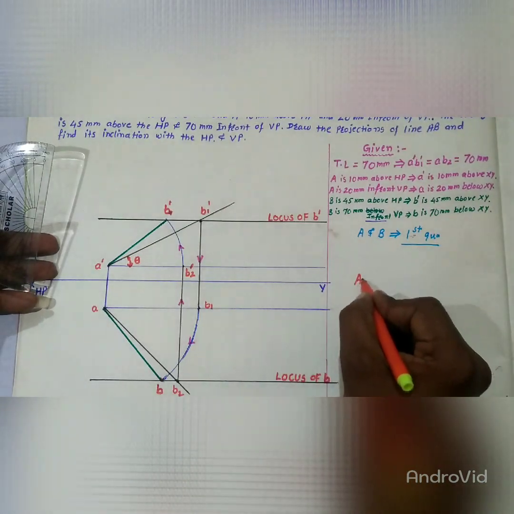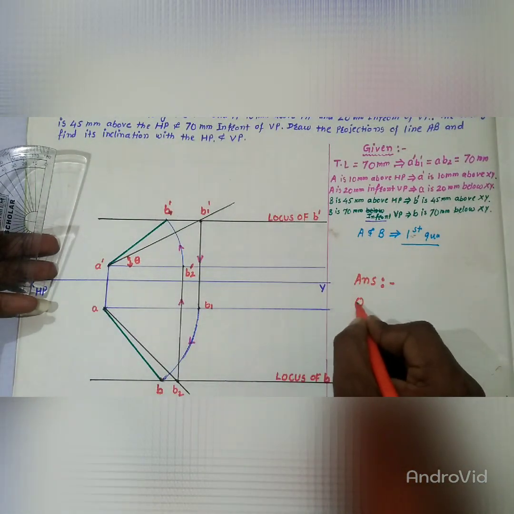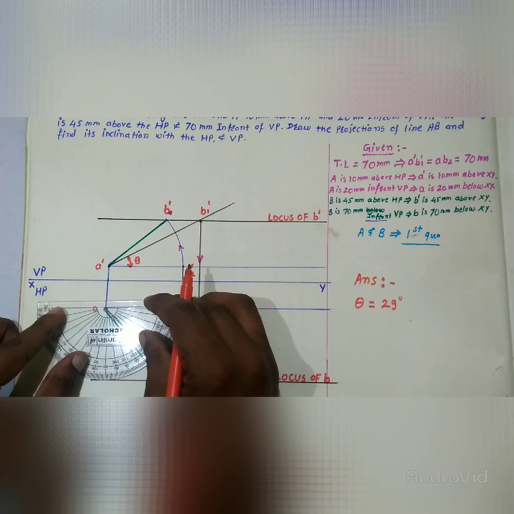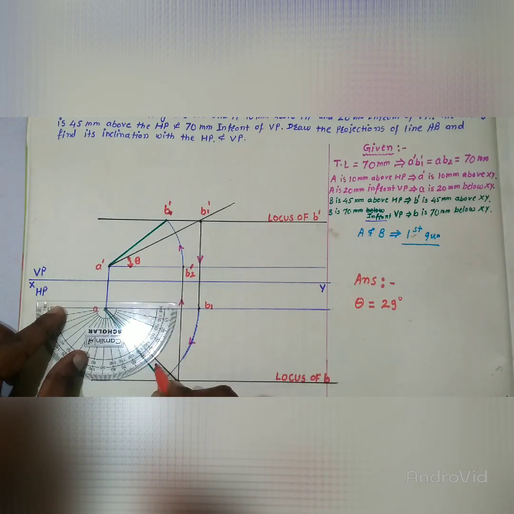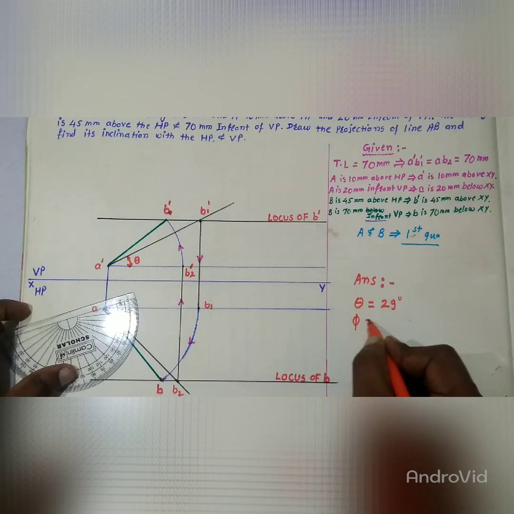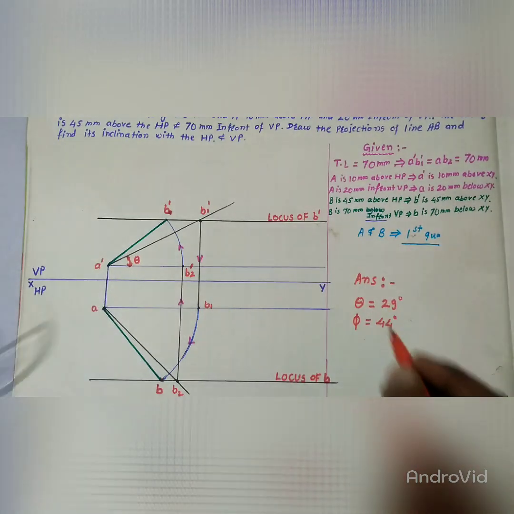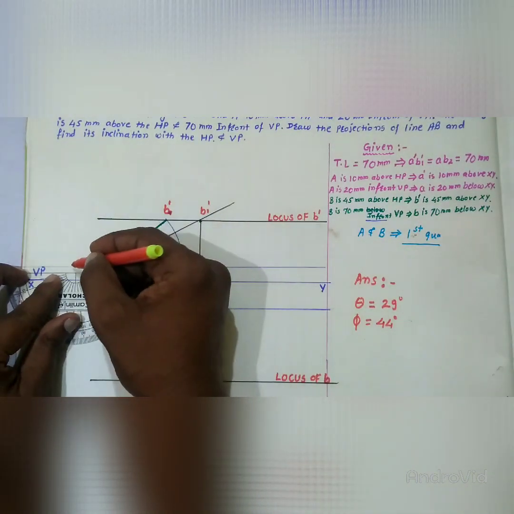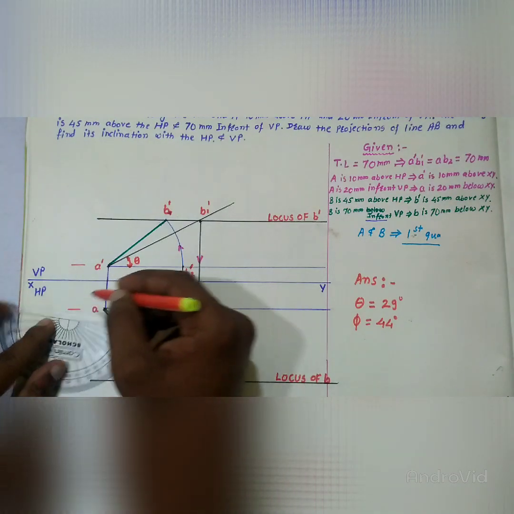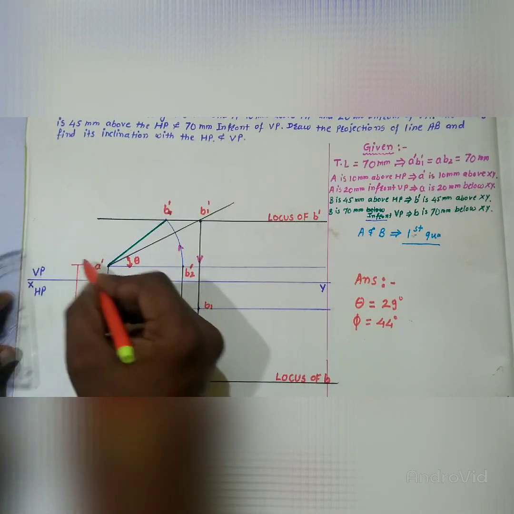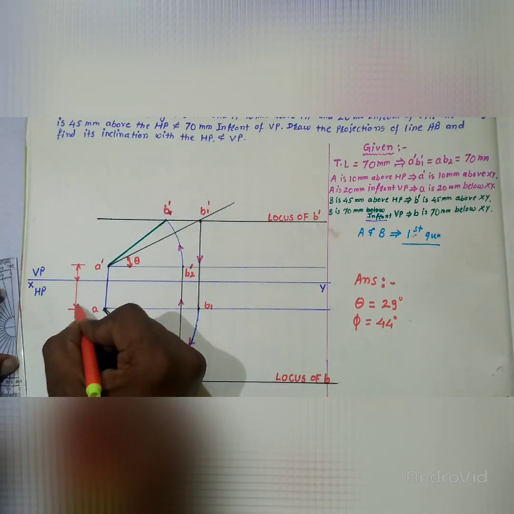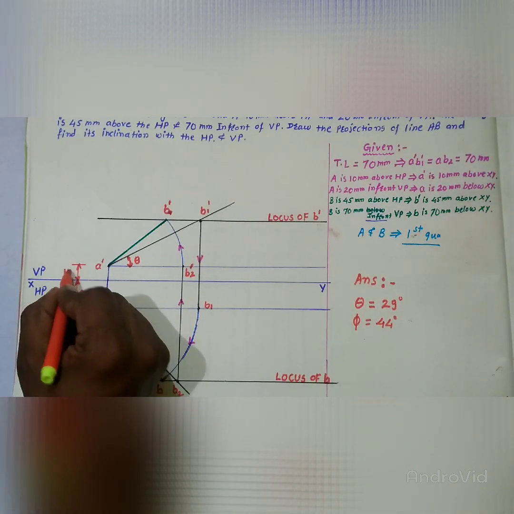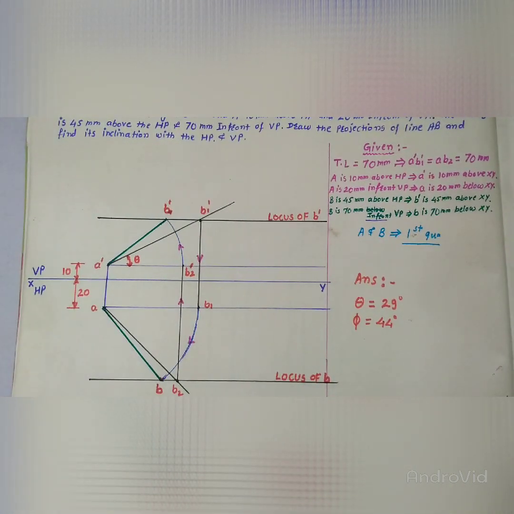So in the answer, your theta is 29 degrees and your phi is 44 degrees. Also mark this distance: this is 20 mm and this is 10 mm distance. Thank you.